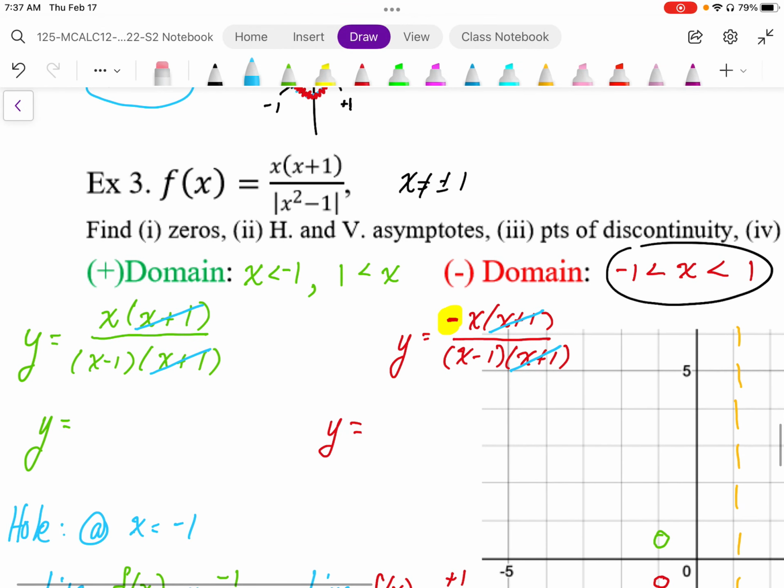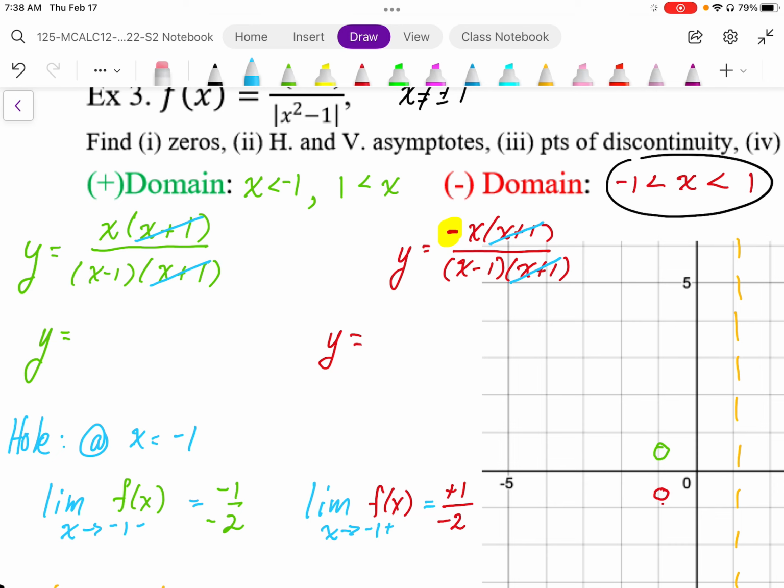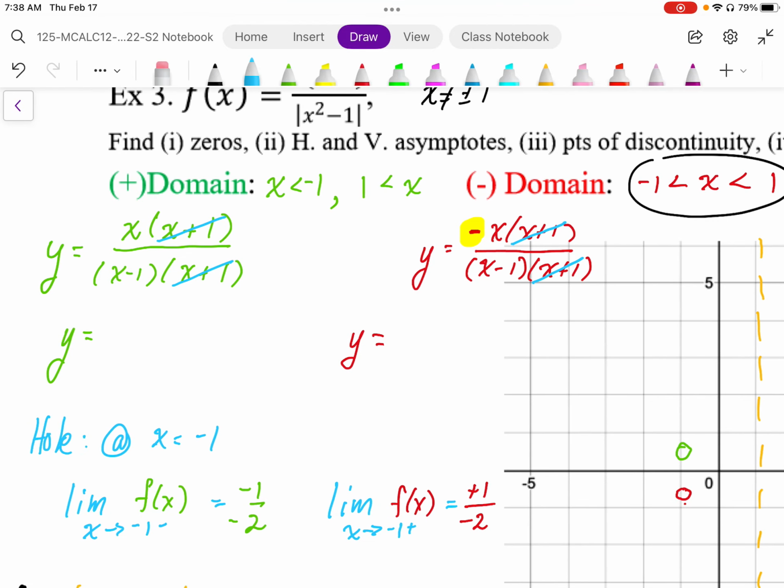Now, the thing about this hole is that because of the way the functions are defined, it's defined at -1, so we have a hole at -1, and we have a boundary at -1. As I approach the hole from the negative side, because that's x less than -1, I'm going to use the green function.